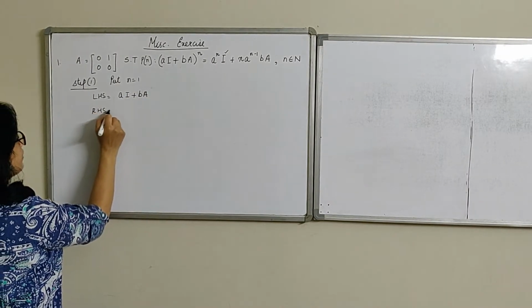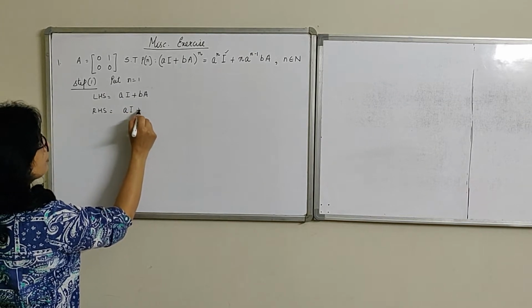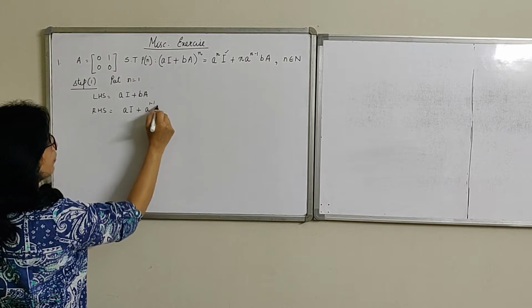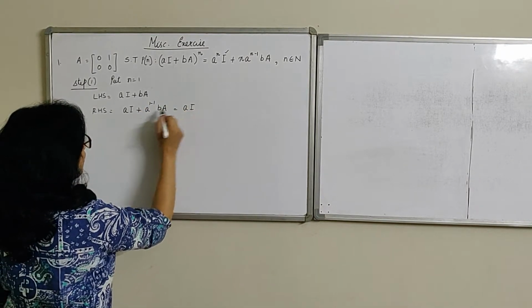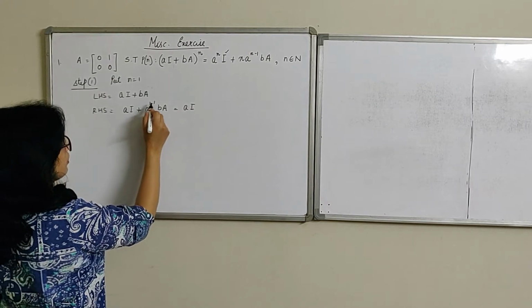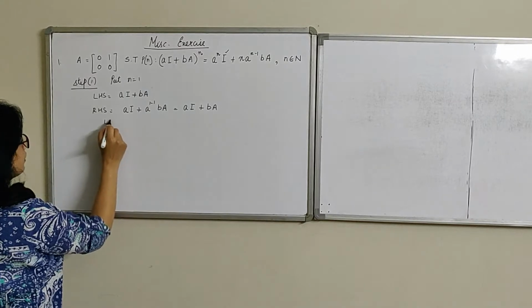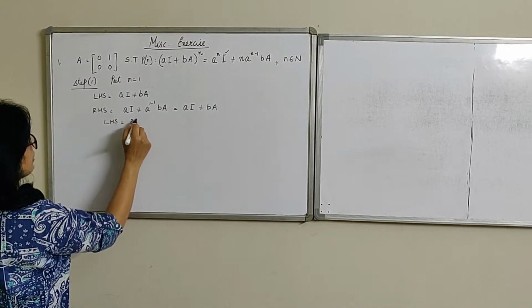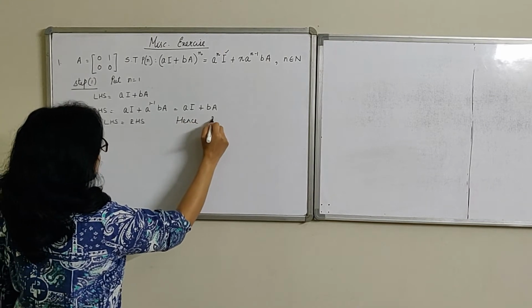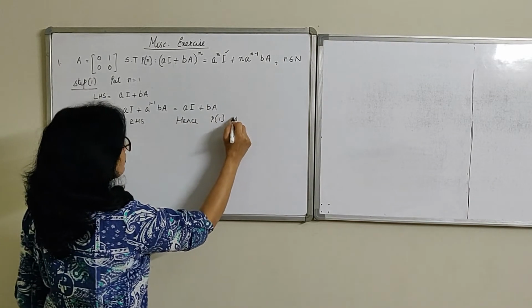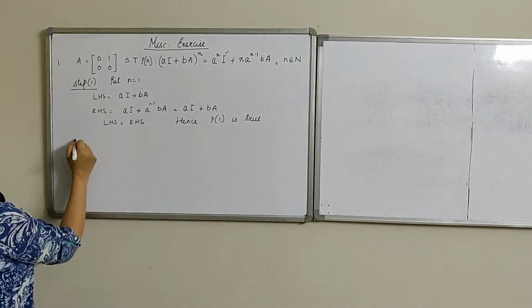The right hand side, n is 1, so a to the power 1 minus 1 bA, and any scalar quantity raised to power 0 is 1 itself. So we see here that the left hand side is equal to the right hand side, and hence we can say that the P1 statement is true. The first step is done.